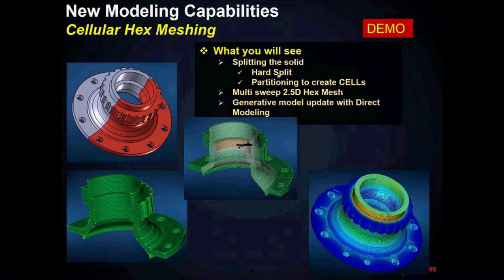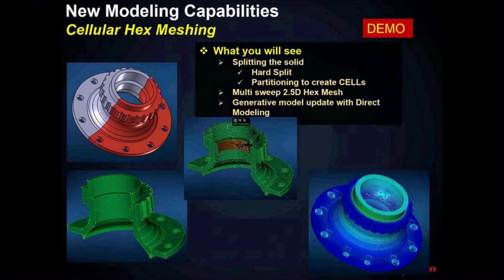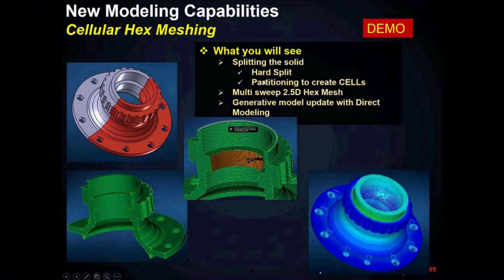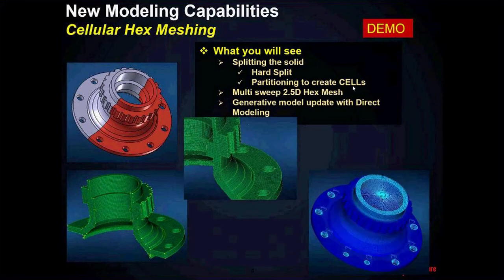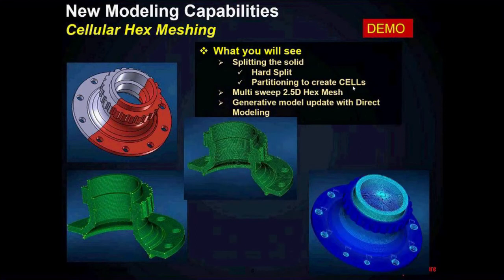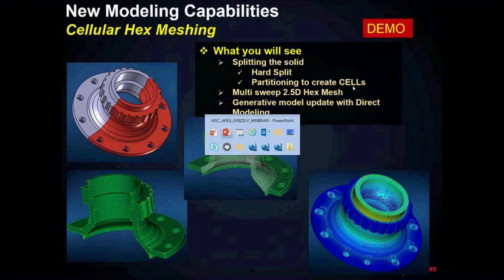Now in Grizzly, we are introducing a new concept of partitioning the solids in the form of cells, so that when we create the hex mesh, there is contiguity across the mesh between the cells. Yet it is still a single body. Not to mention that all other capabilities of Apex will continue to be available even in these hex mesh models. Let's take a quick look at the demo.